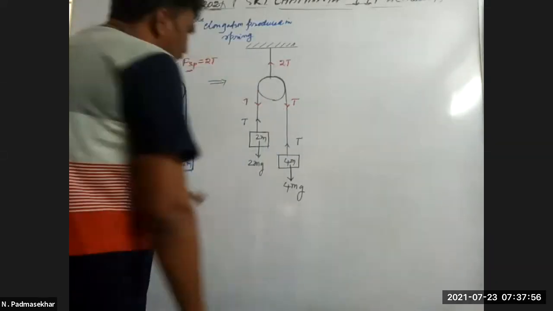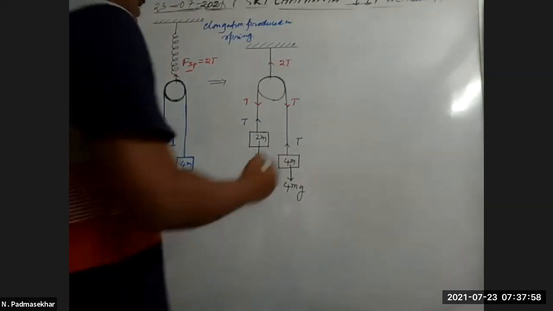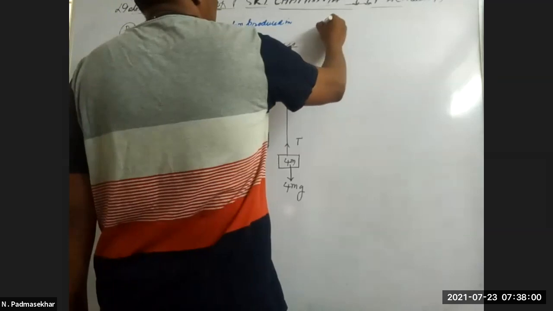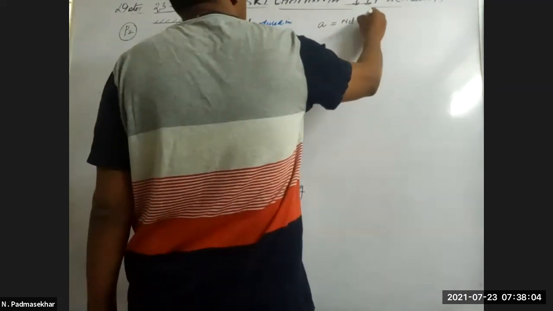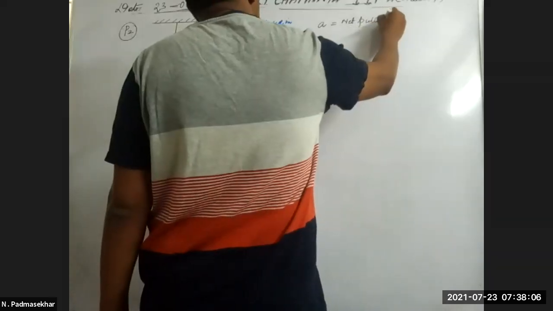First, you find the acceleration of the system. Acceleration of the system is net pulling force by total mass.